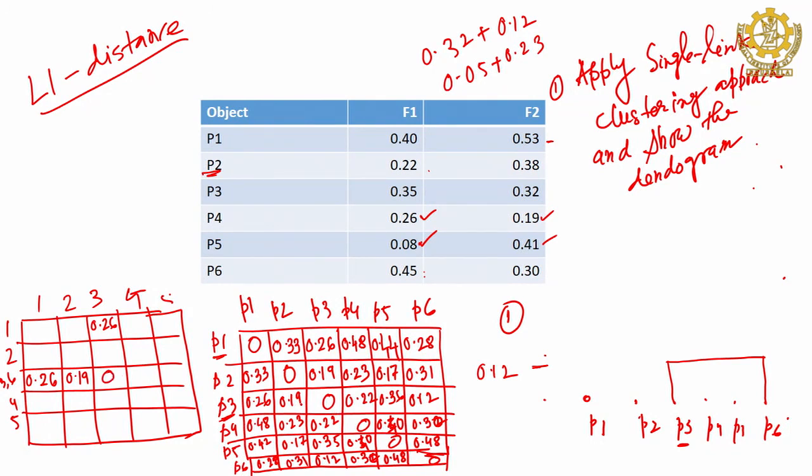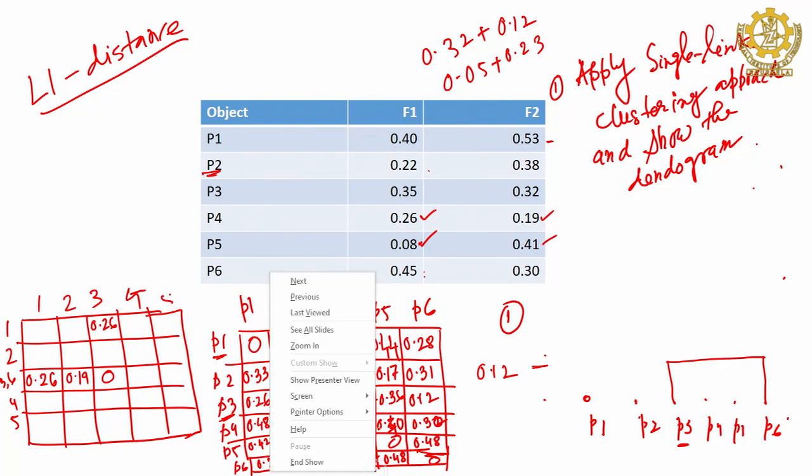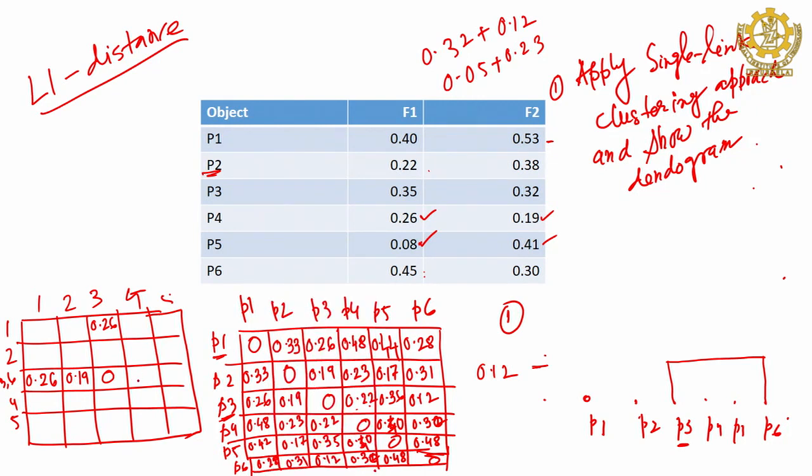Then you go to the fourth one. What is that? 0.22 and 0.30. So minimum is 0.22. Then you move to the fifth, 0.35 and 0.48. This is 0.36 or 35. 36 and 0.48. So minimum is 0.36. So 0.36 is done.